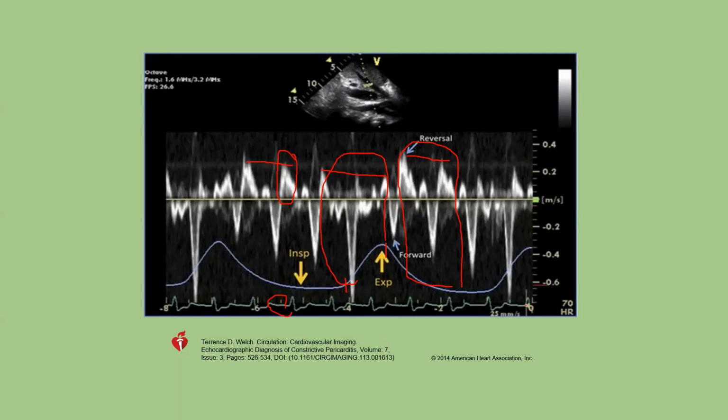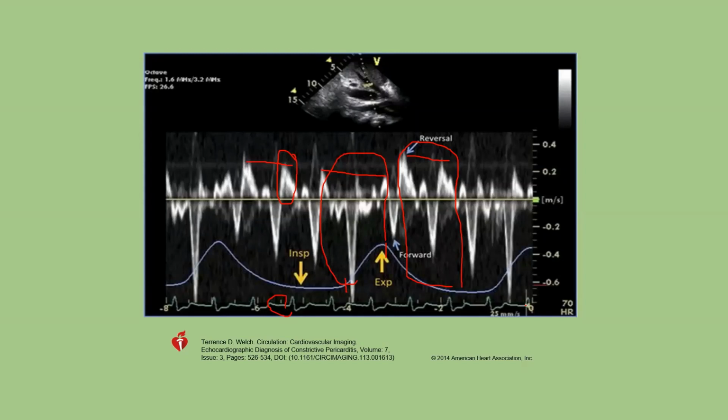Now somebody said there is increased diastolic reversal. It's still an incomplete answer. There is an increased diastolic reversal during expiration. So expiratory enhanced or increased or exaggerated diastolic flow reversal. That's the complete right answer.